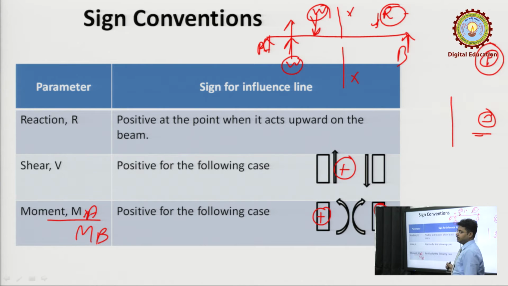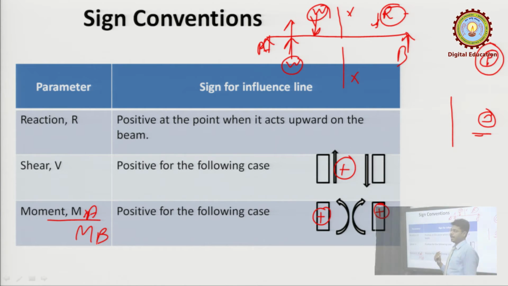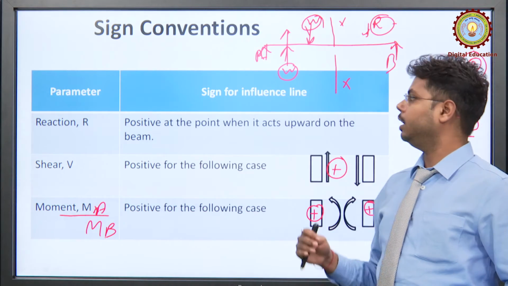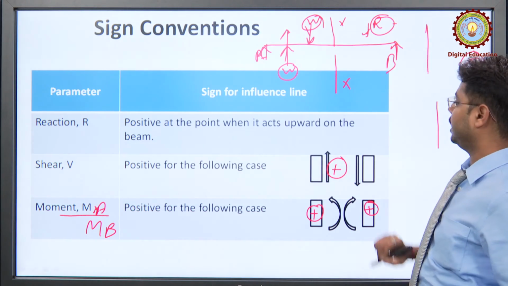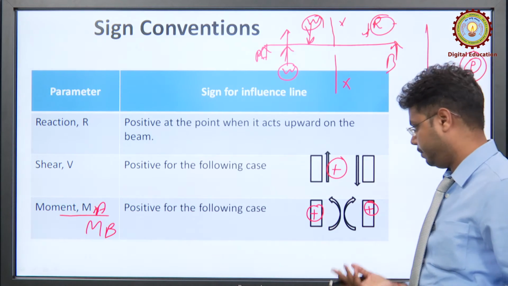But in the influence line, or when you are taking a bending moment for any beam, you have to take a real sign convention.